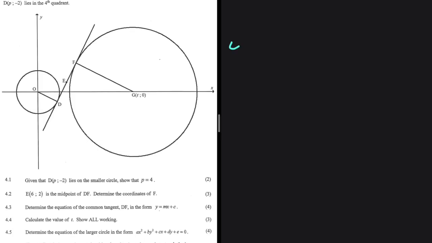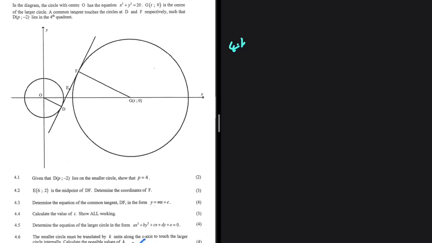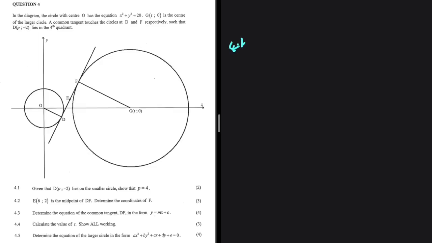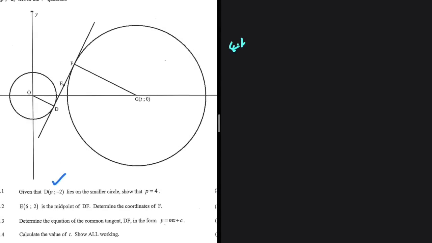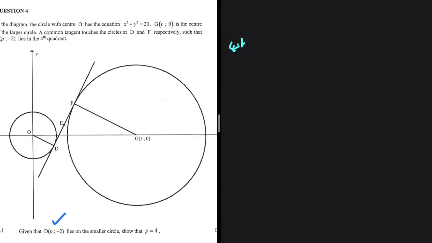Okay, let's start with 4.1. Given that D with coordinates (P, -2) lies on the smaller circle, show that P is equal to 4. We're given the equation of the smaller circle: x squared plus y squared is equal to 20.